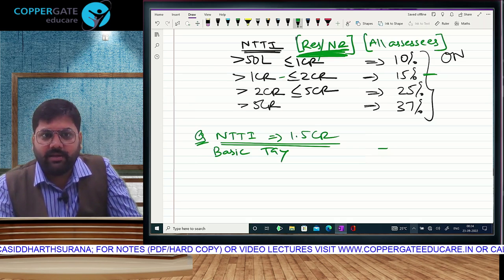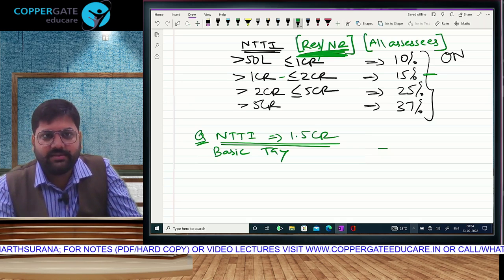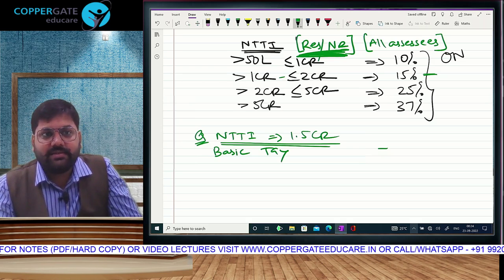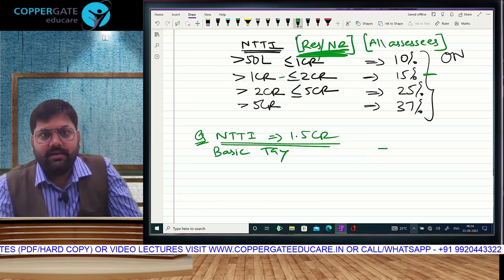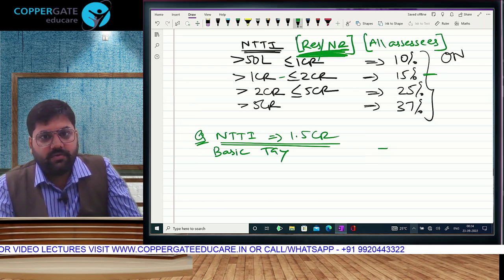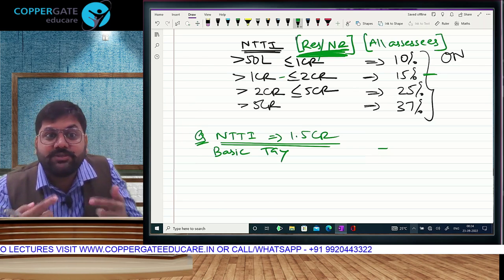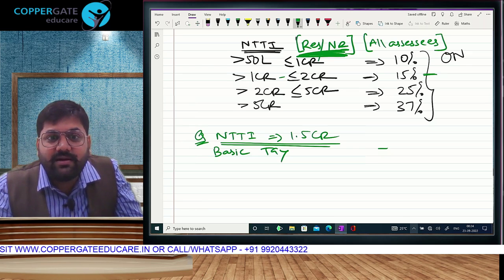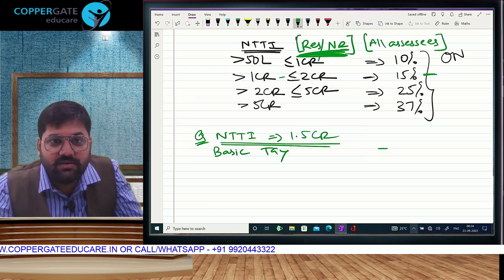Pick up your total income on your calculator. That's 1 crore 50 lakhs. Subtract 10 lakhs. Apply 30%. And then add 1 lakh 12,500. Process understood? Process. Oh, calculator lovers. Process is understood.